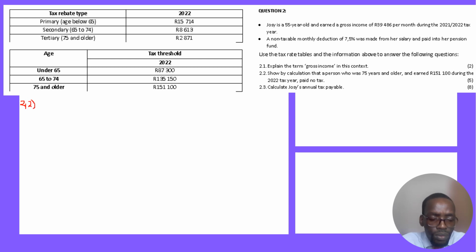You'd recall that the tax table indicated that the tax to be paid by this person, the 151,100, was falling in the first bracket. Okay, so it was going to be charged at 18% according to our tax table.